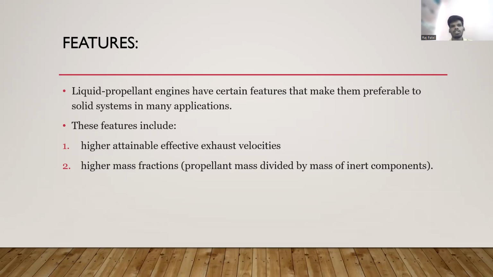Here high mass ratio means the ratio of the initial mass to the final mass. So the initial mass is more, and the main aim is to achieve higher mass ratios.